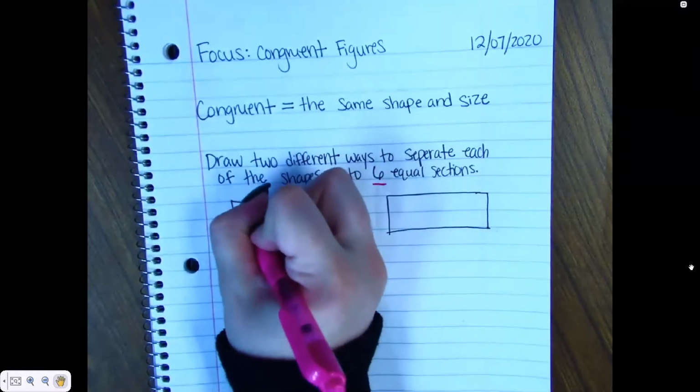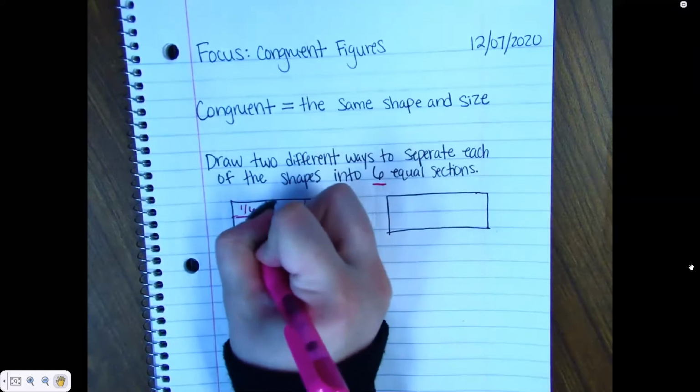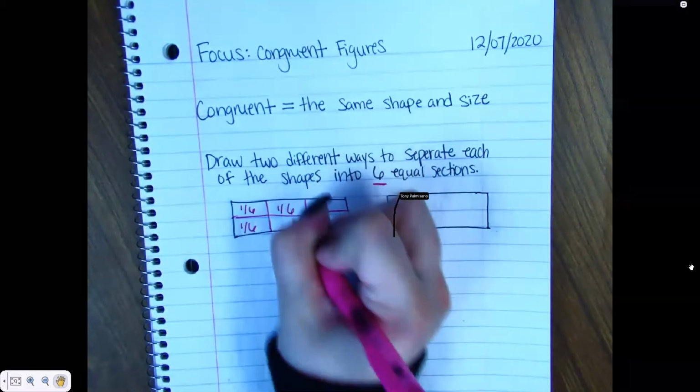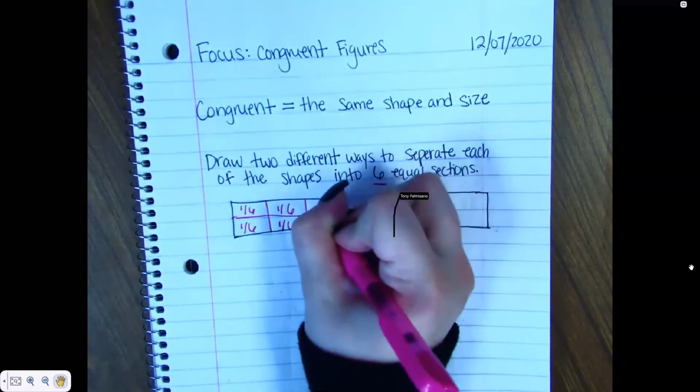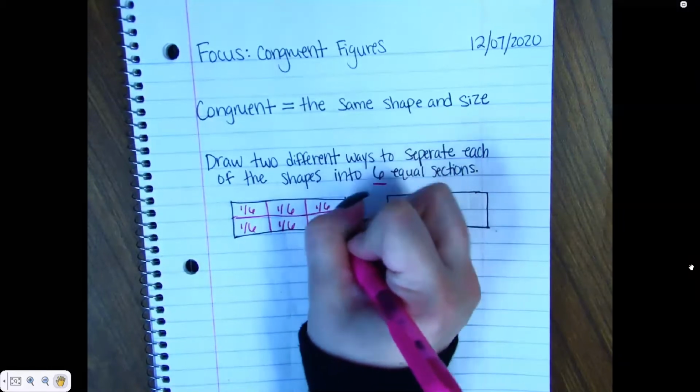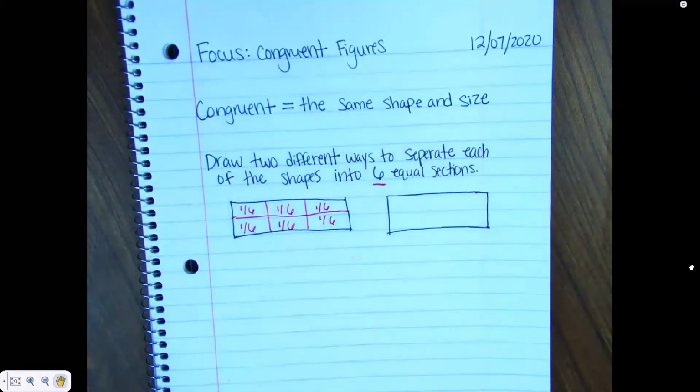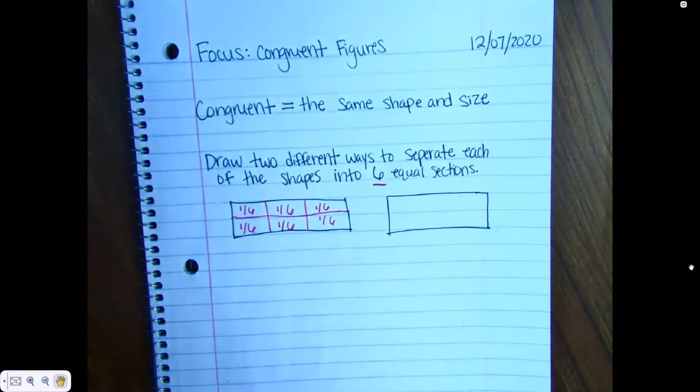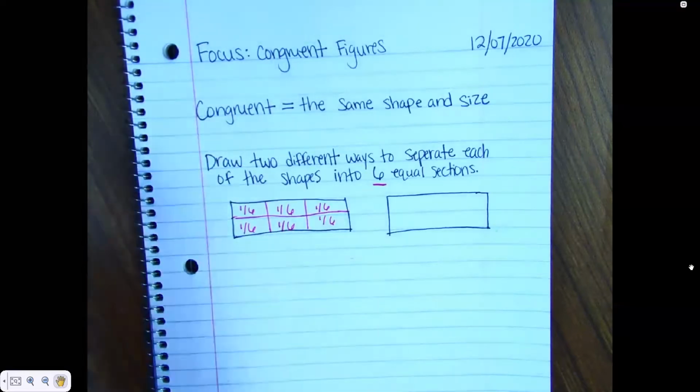All right. So let's see. Tony, can you give us another example of how you drew yours? Can you do our other shape? I did sideways lines. Oh, okay.